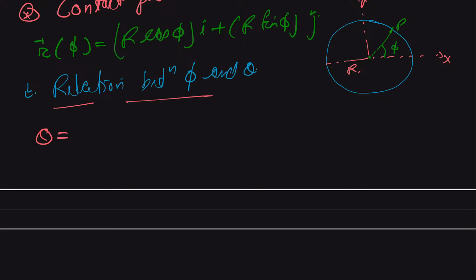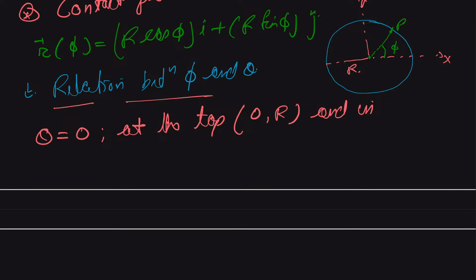We already know that theta is equal to 0 at the top. At the top means when the coordinates are (0, r).